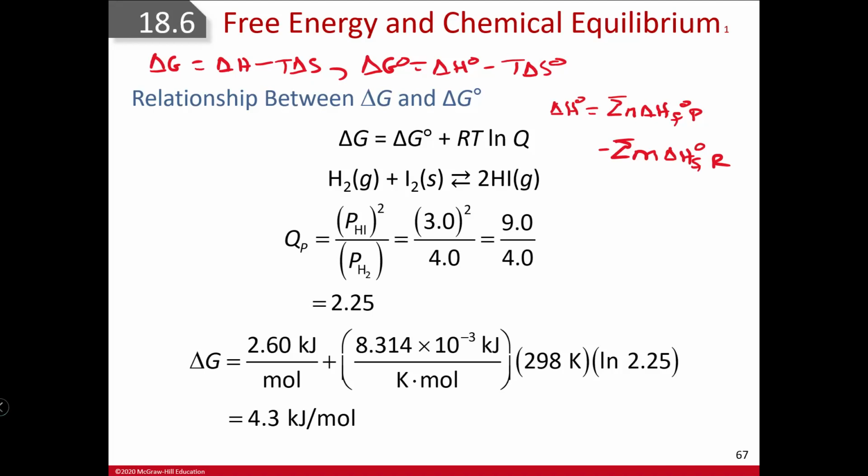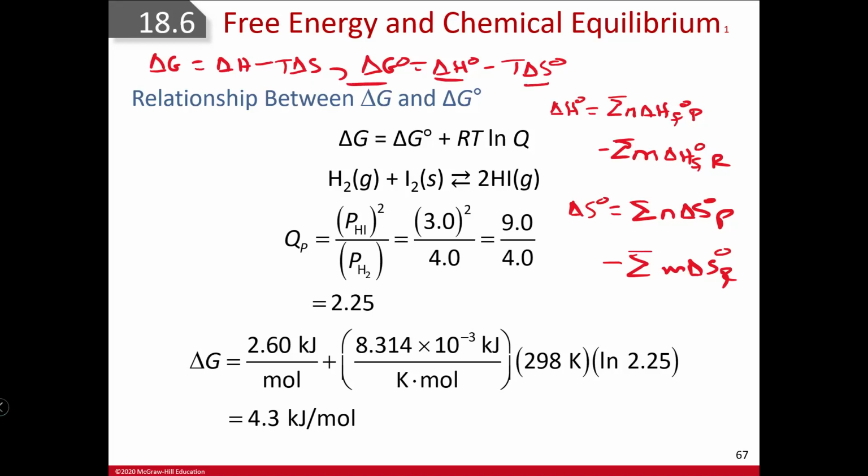So we know that. We know that delta S naught can be done the same way. This is the direct method by using the appendix in the back of the book. We can look at delta S naught of the products minus the summation of the number of moles of delta S naught of the reactants. So that's how we would determine these, so that we could determine this.